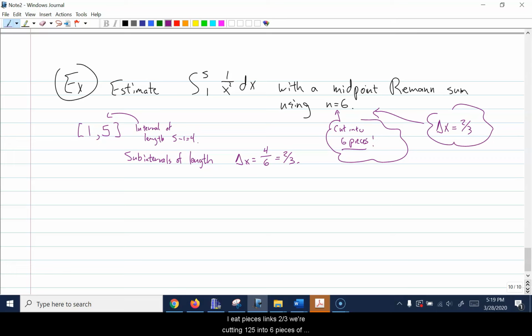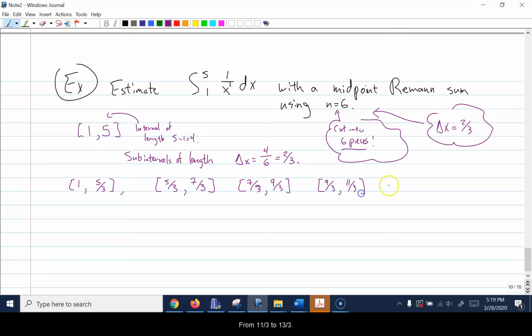Each piece has length 2/3. We're cutting 1 to 5 into 6 pieces of length 2/3, so that'll be from 1 to 1 and 2/3, which is, what is 1 and 2/3? That's 5/3. From 5/3 to 7/3, from 7/3 to 9/3, from 9/3 to 11/3, from 11/3 to 13/3, from 13/3 to 15/3, which is 5.